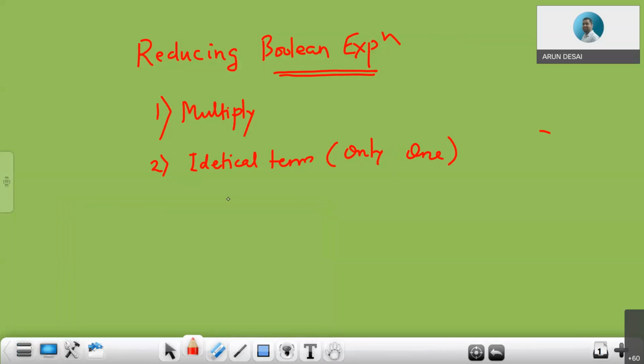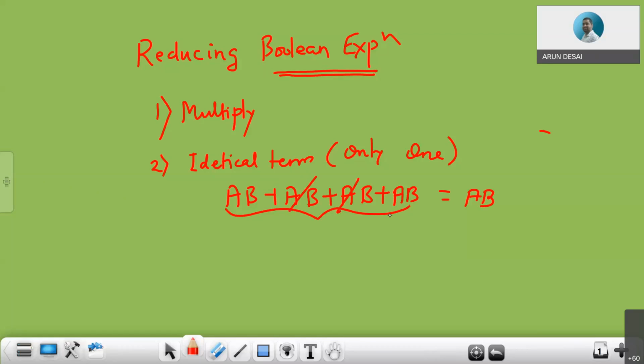That means if you have in an expression a plus b plus a plus b again, a plus b again, a plus b, you need to keep only one ab there, for all those terms. So find identical terms and keep only one term in the expression.